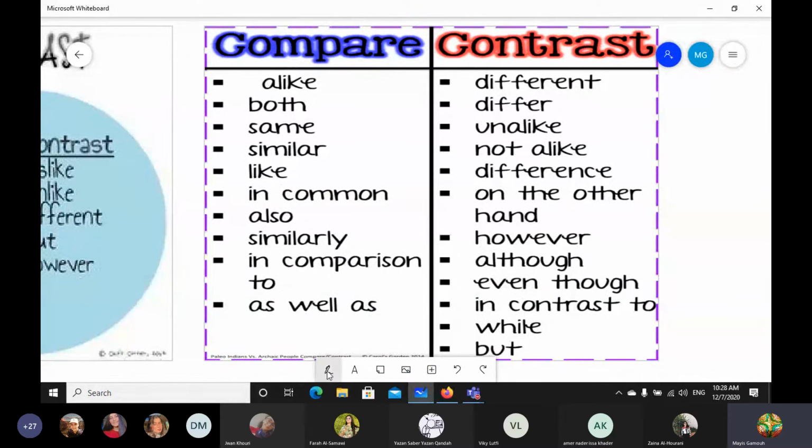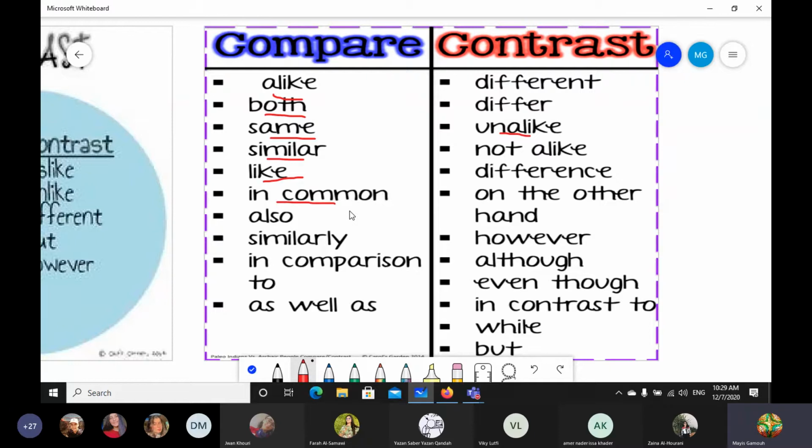When I want to compare, I might use alike, and the opposite or the antonym, as Zena told me, it's unlike, both, same, similar or similar to, like, in common.